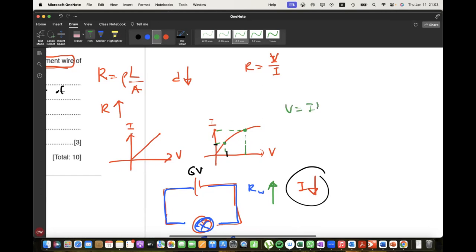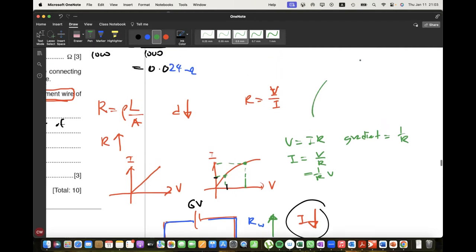V is IR, right? I is V over R. So 1 over R is the gradient. When you move from this point to this point, what can we say about the gradient? Increase or decrease? Which gradient is higher? We talk about these 2 points. Which point is steeper? Point 1 or point 2?